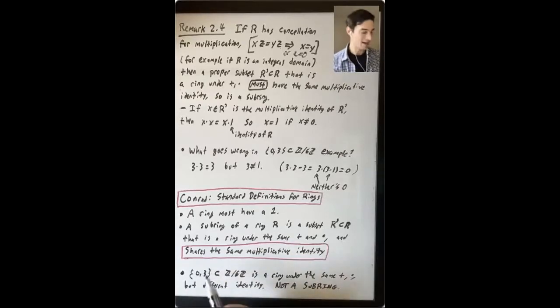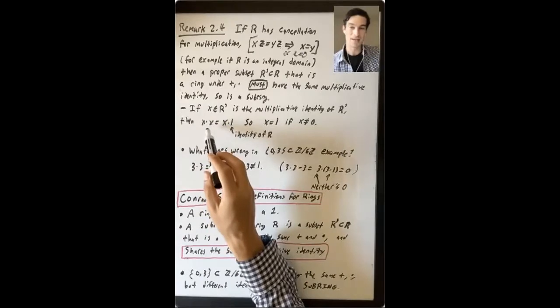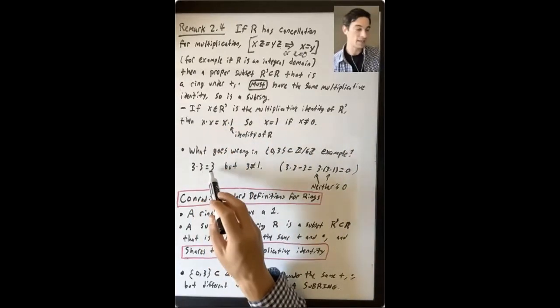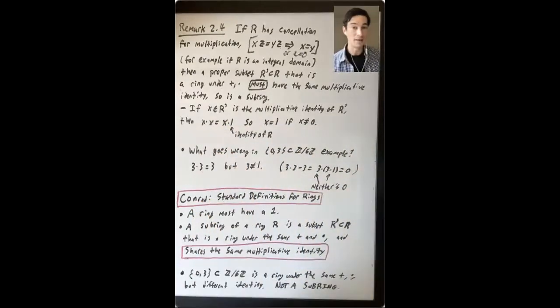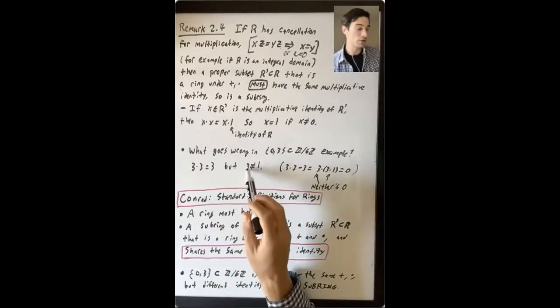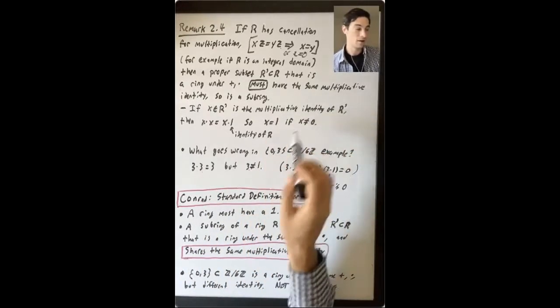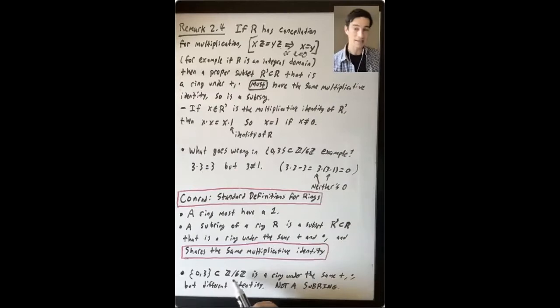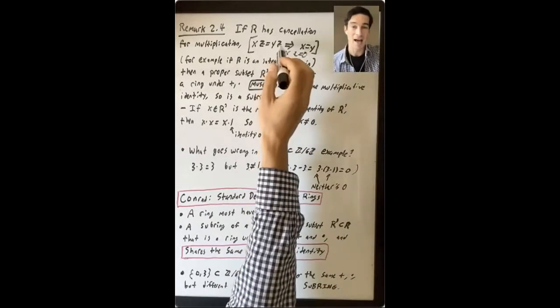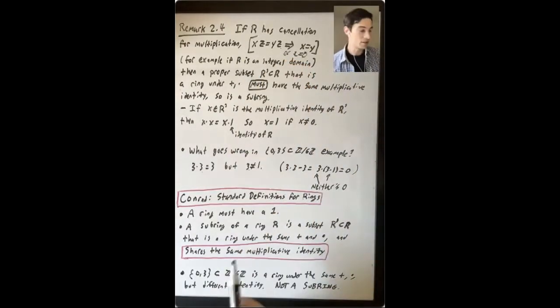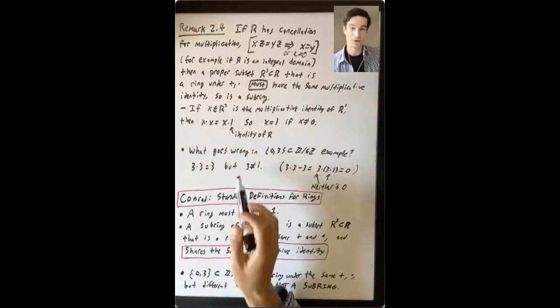I mean, it is a subset that is a ring under the same plus and times, but the multiplicative identity here is 3. So when we get to this point in the argument, 3 times 3 is equal to 3 times 1. That's true, but it's just not true that 3 is equal to 1. Why? Because this ring Z mod 6Z does not have this cancellation property. So we can't conclude the argument in the same way.